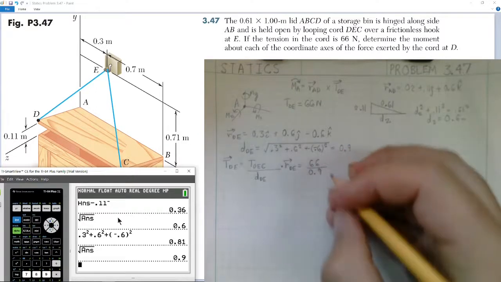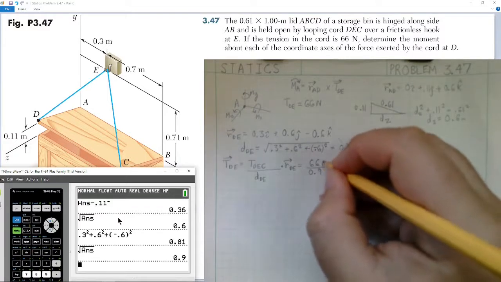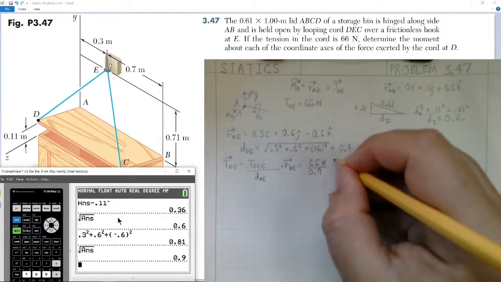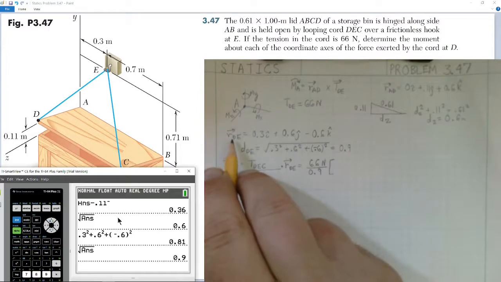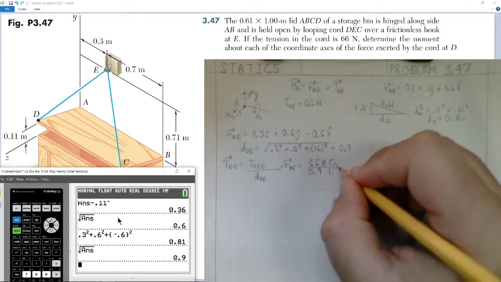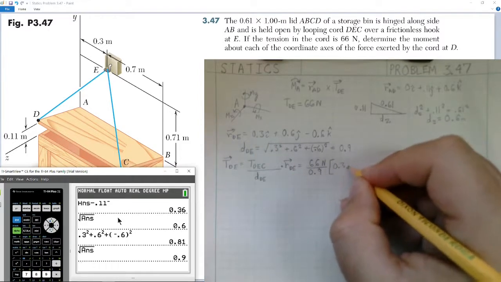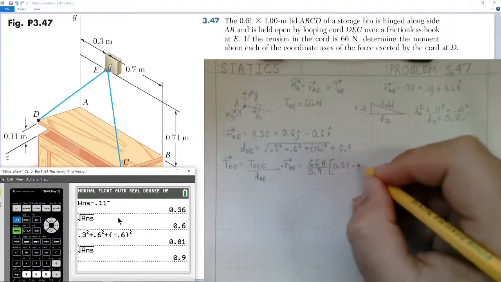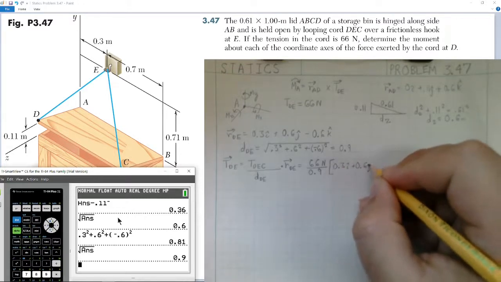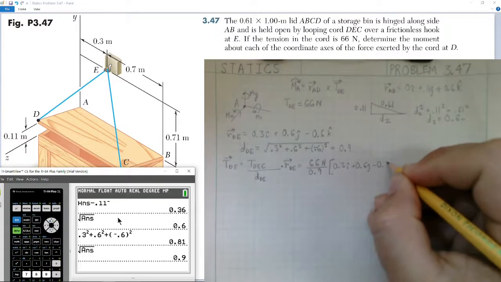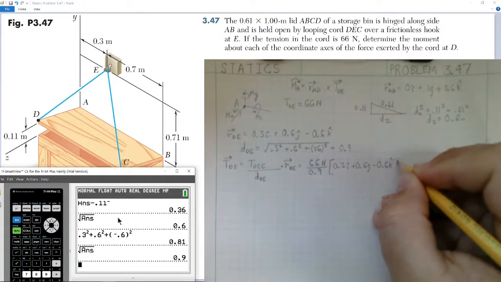Our units for meters will cancel out. We can put our units for tension right here. And then multiply by the position vector r DE, which is 0.3 i hat plus 0.6 j hat minus 0.6 k hat.